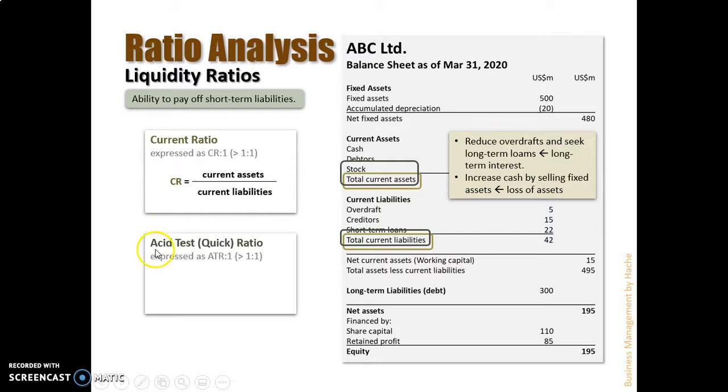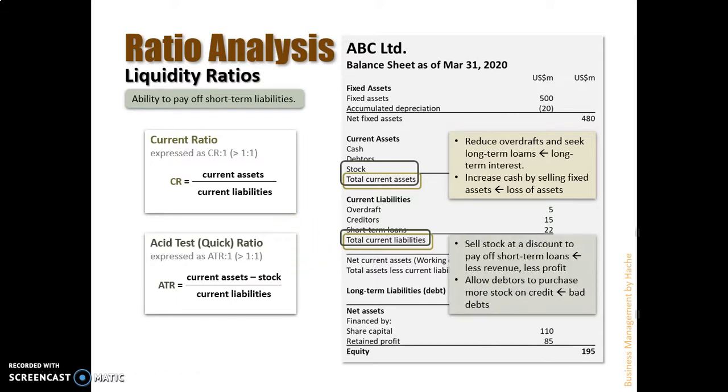And so this comes from the acid test quick ratio. It's a similar formula. I just subtract stock from the current assets divided by current liabilities, and I get a similar ratio. Okay, again, it has to be higher than 1 out of 1 to tell that we are doing fine. Again, it doesn't have to be that high either.